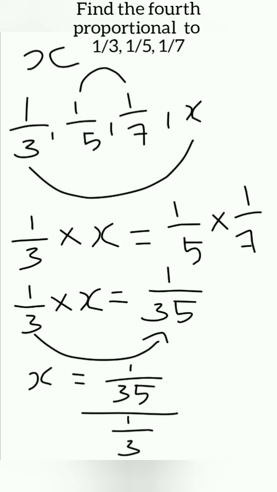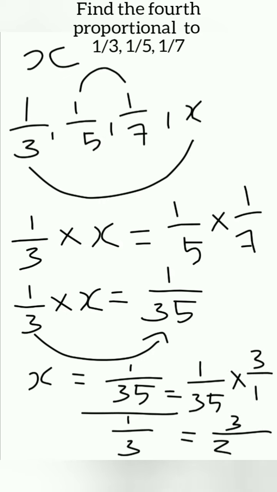Here 1 by 3 is multiplied with x. So when I take it to the right hand side, it will become divided by 1 by 3. And this will be equal to 1 by 35 into 3 divided by 1. And this is equal to 3 divided by 35. So our fourth proportional is 3 by 35.